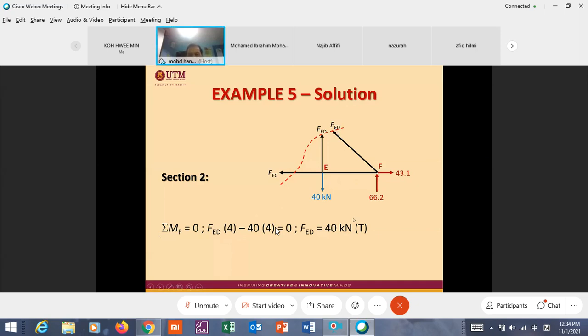So you choose point F. Understand? You can choose E, no problem, but you will have to construct 3 equations. If you choose F, only 1 equation.